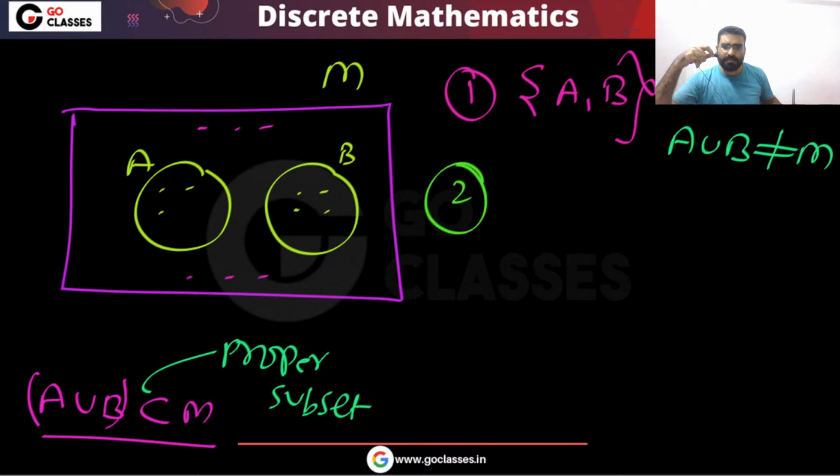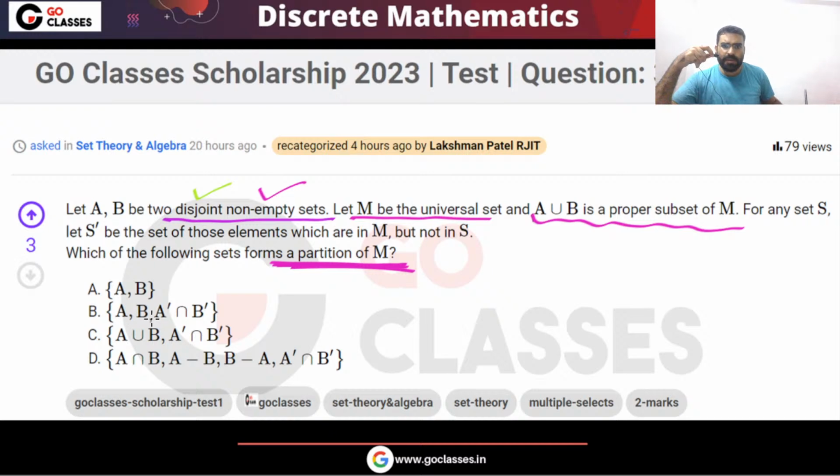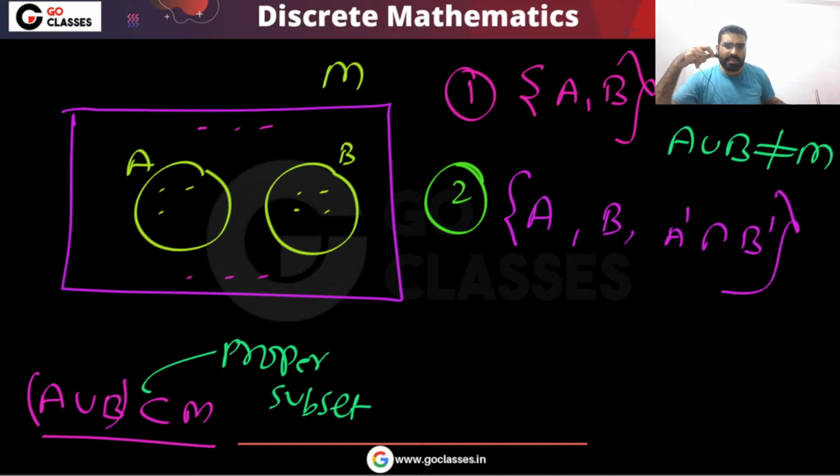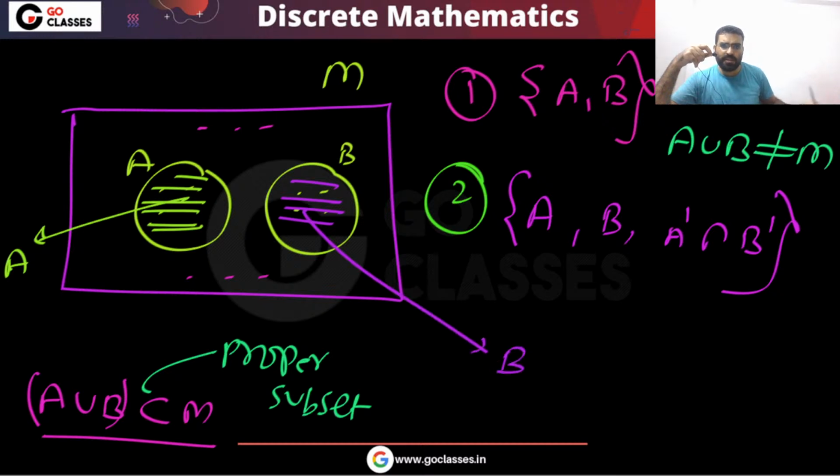What about option B? A, B, A dash and B dash. Remember what this area is. This is A, and this is B. Where do we have A complement and B complement?